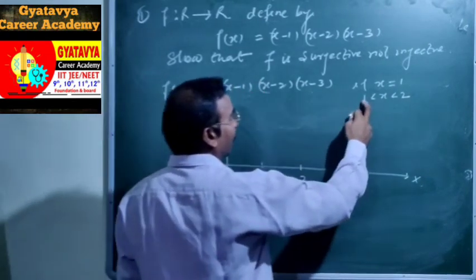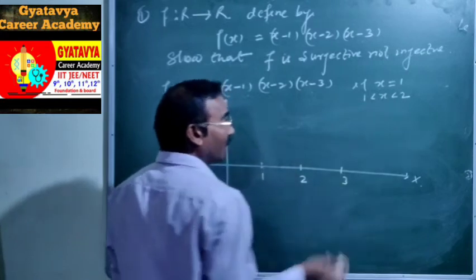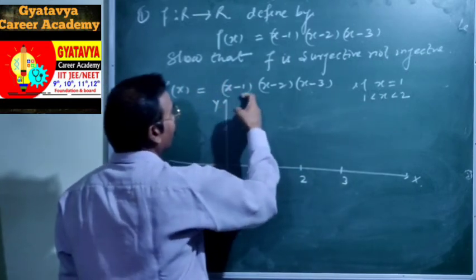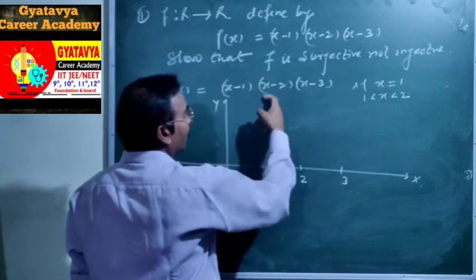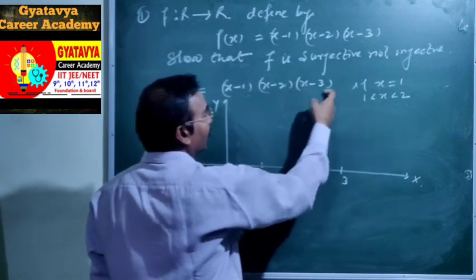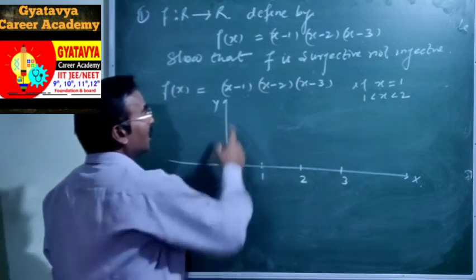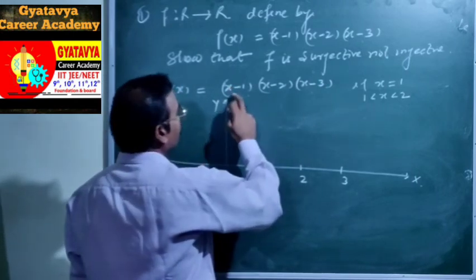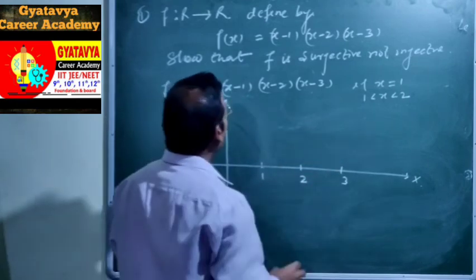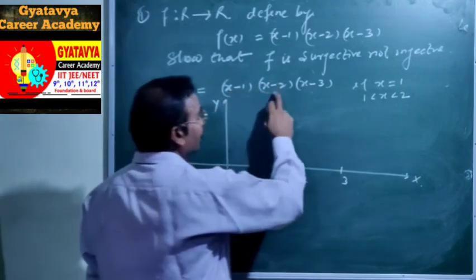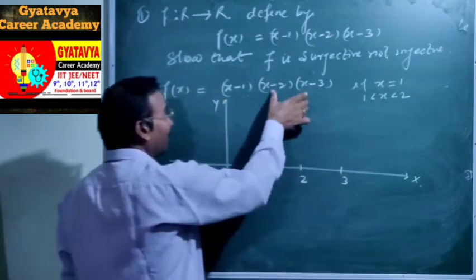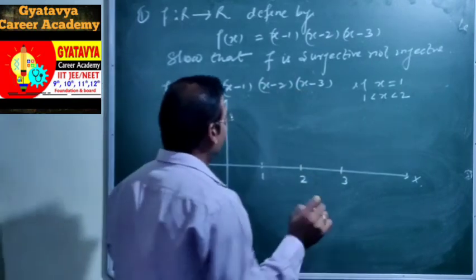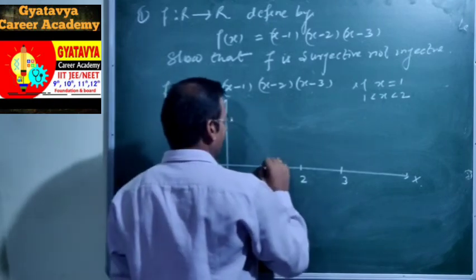If x is more than 1, this factor will be positive, this will be negative, this will be negative. So negative and negative, after multiplying, become positive. So this graph goes here.